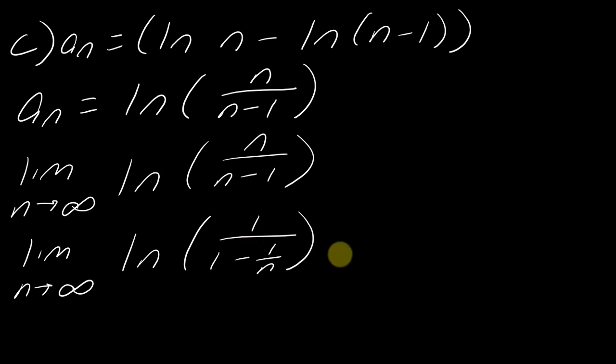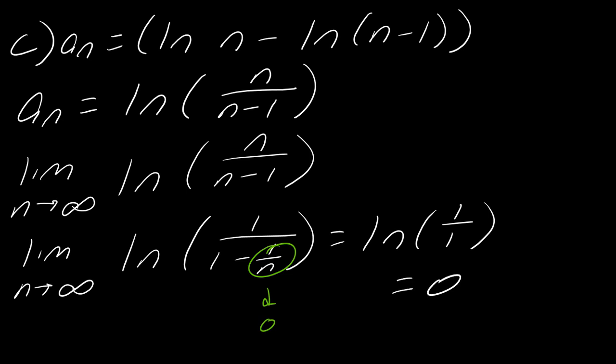These are equivalent, but now this is helpful because this is going to go to 0. Then the limit of this will be the natural log of 1 over 1, which is the natural log of 1, which equals 0. And since we have a value here, that means our sequence converges.